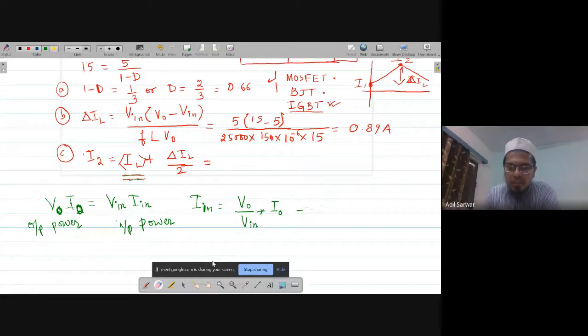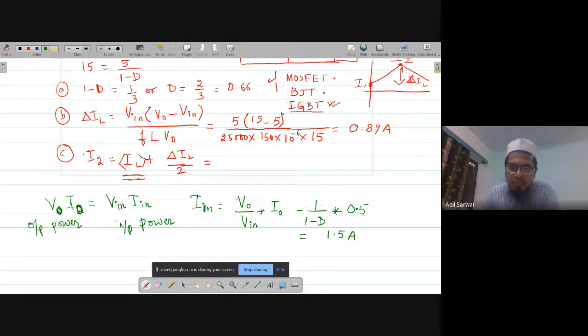VO by V in is 1 by 1 minus D, and IO is 0.5. D is already known, 0.66, we have calculated it. So I can just put it here and find the value of I in. If you put in the values, you will get I in equal to 1.5 amperes.